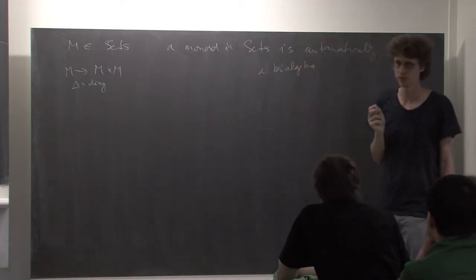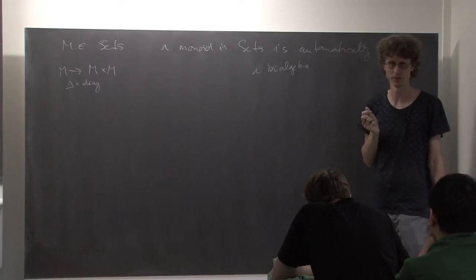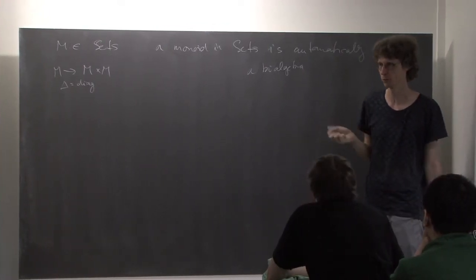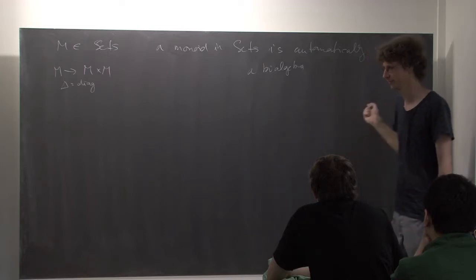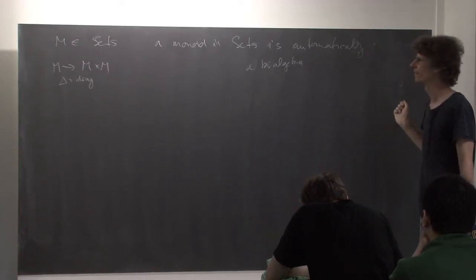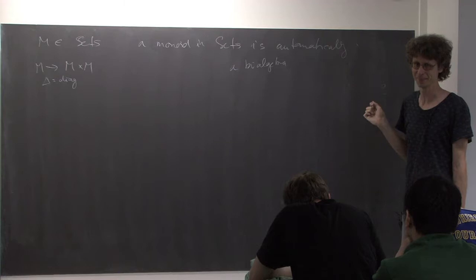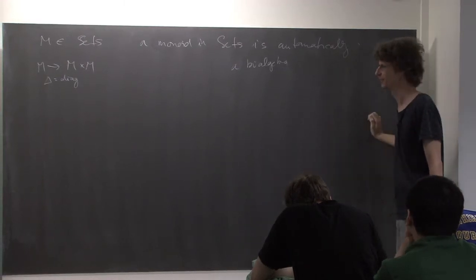And in fact, a bialgebra in sets is the same thing as a monoid in sets. There is only one way to put that coproduct there. Okay. I'm not sure whether it explained anything, but possibly.